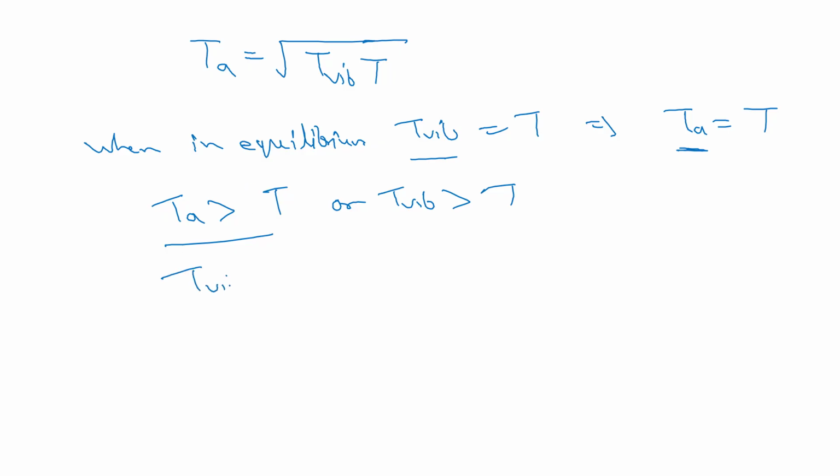And if T vibrational is less than T, or T a is less than T, then the chemical reaction rate will be slower.